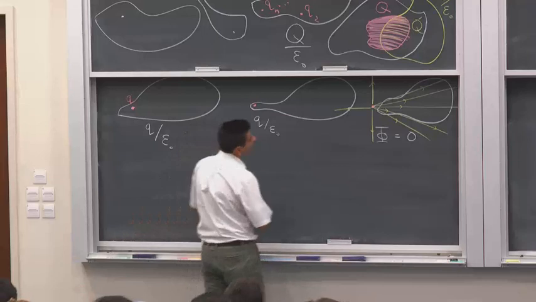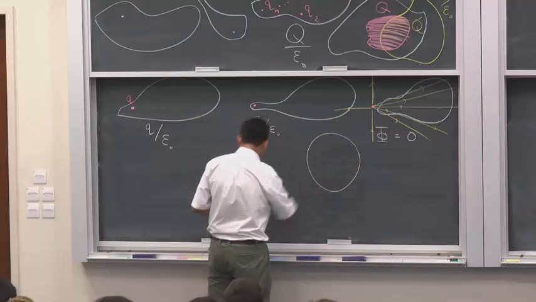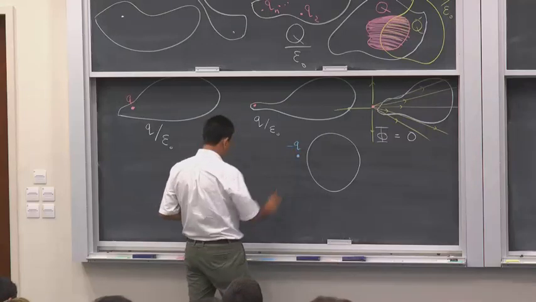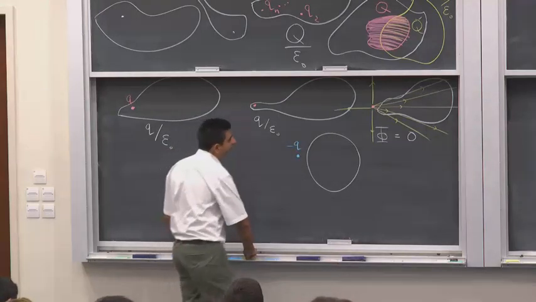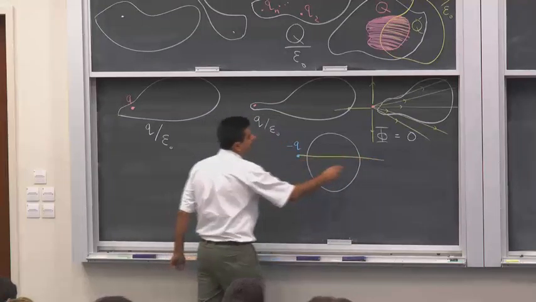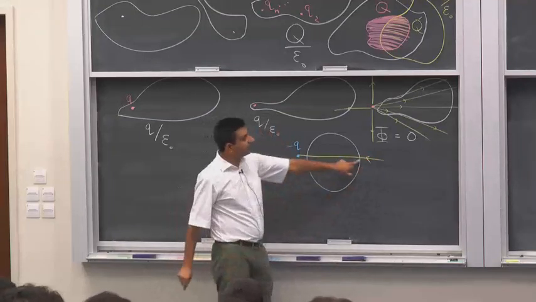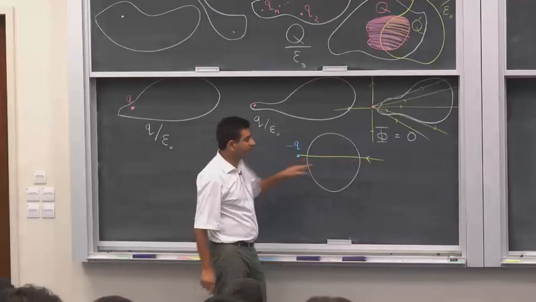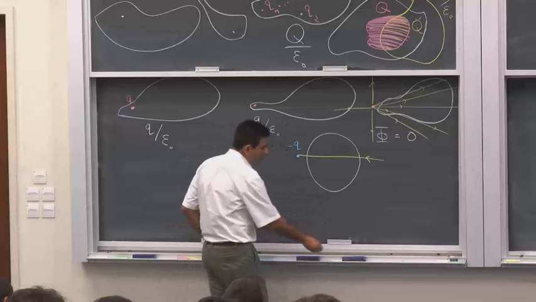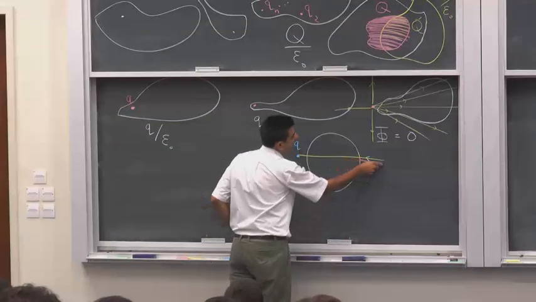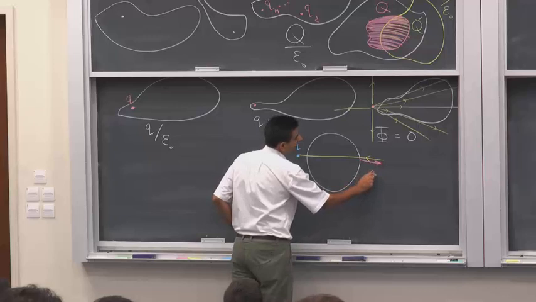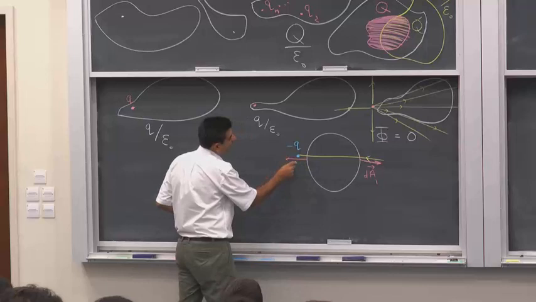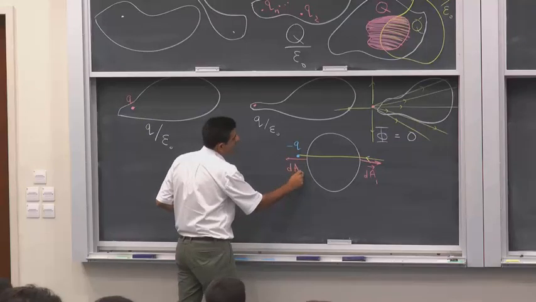For example, if I have a sphere and I have a charge, let's talk about a negative charge, minus Q, and I draw the field lines due to this charge distribution, there's a field line that enters the surface here and leaves the surface here. Now just consider this field line, and if I were to draw unit normals to the surface, the unit normal here would point in this direction. This is dA at this point, and the unit normal at this point is dA2, and it points in the left direction.